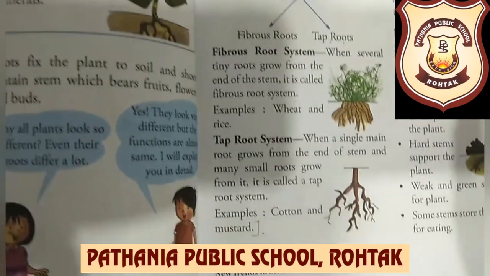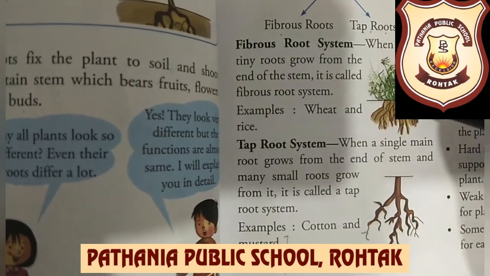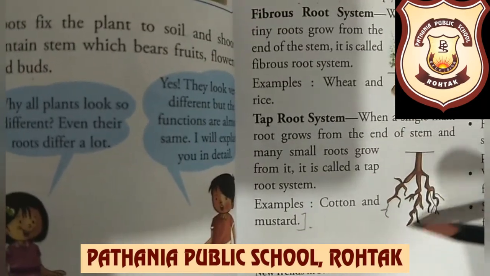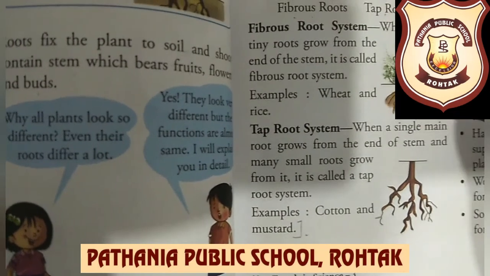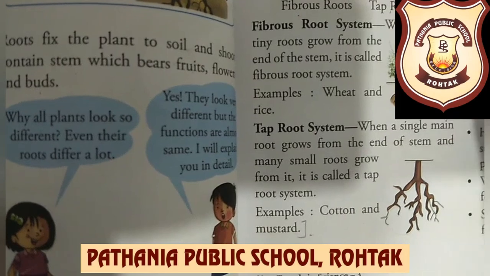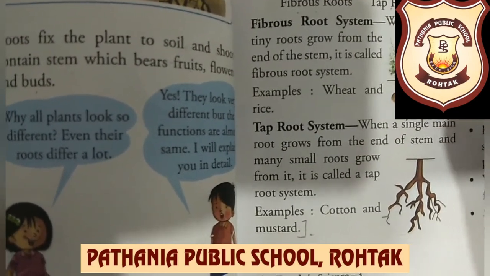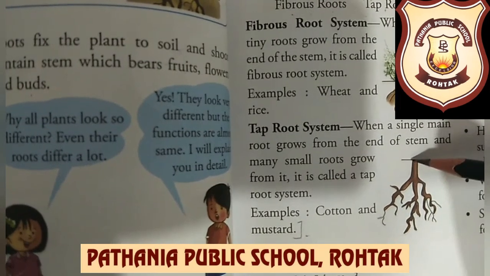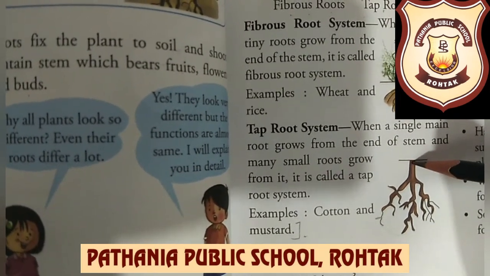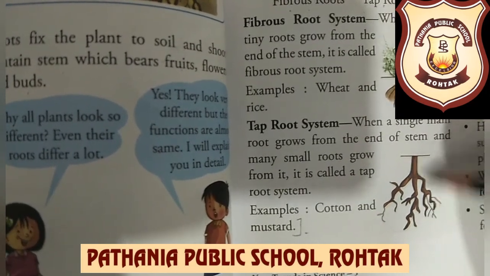Now beta, first of all we will go for the diagram. This is the diagram of fibrous root and this is the diagram of tap root. From here you can differentiate. By seeing the diagrams you can see that fibrous roots are wider and tap root is a little bit narrow. There is one root and then many roots grow.